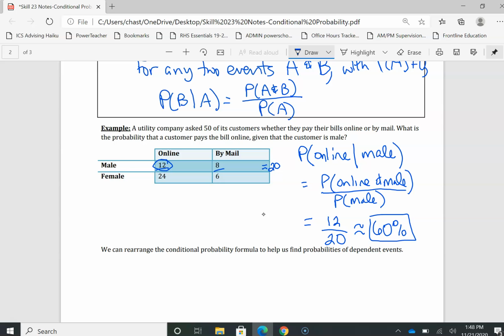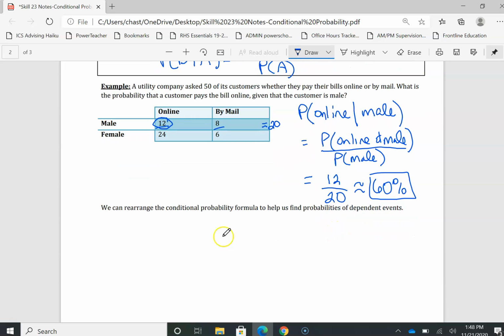Can we rearrange the conditional probability formula to help us find probabilities of dependent events? Absolutely.